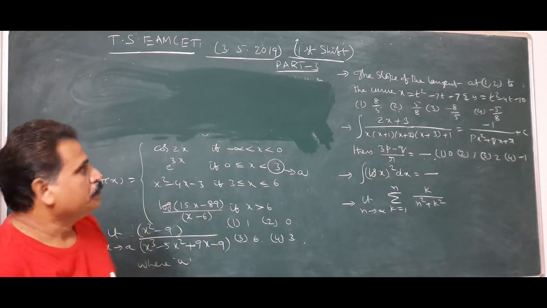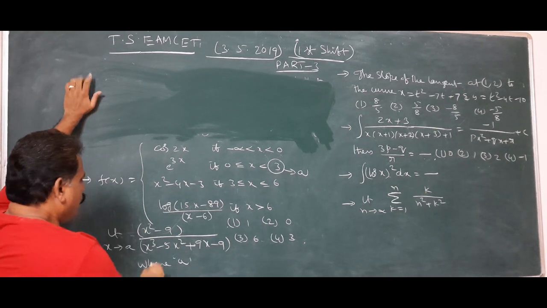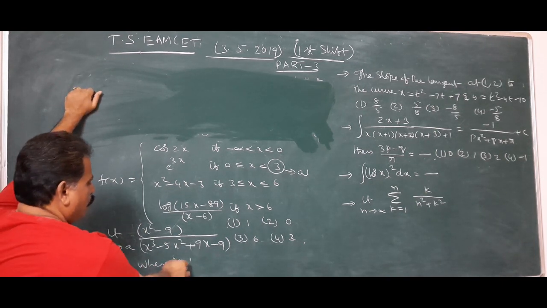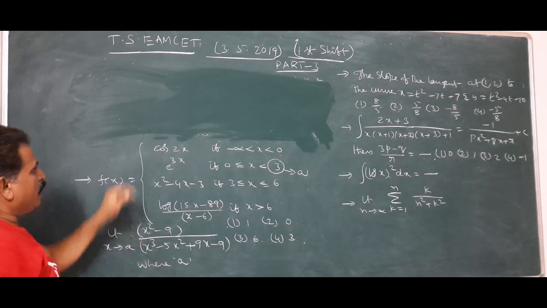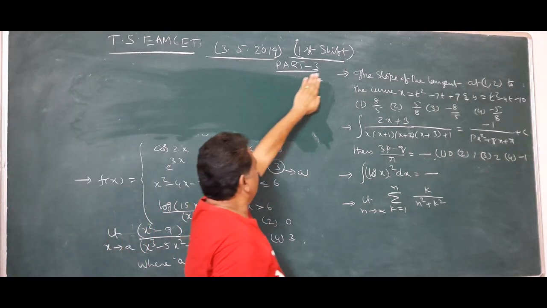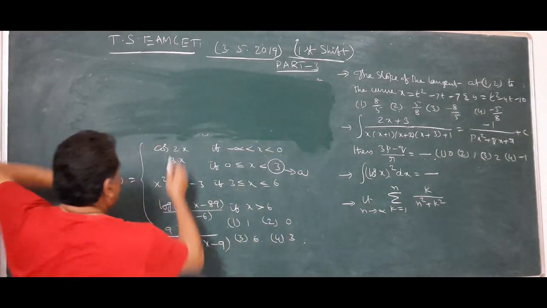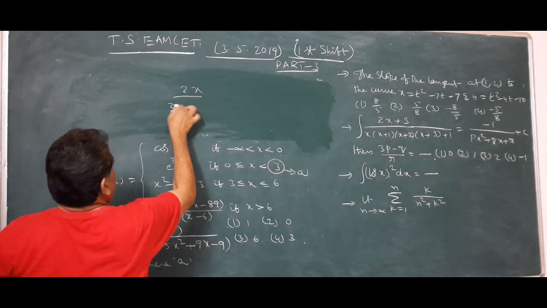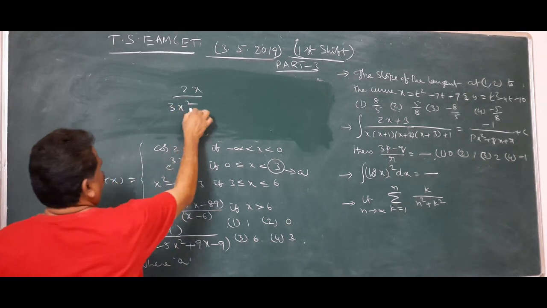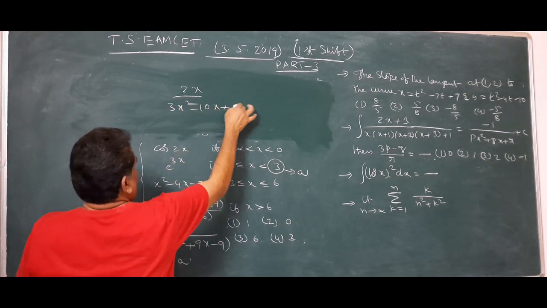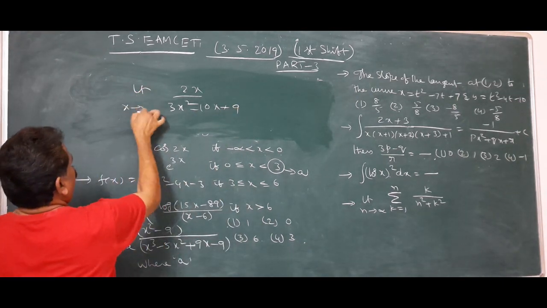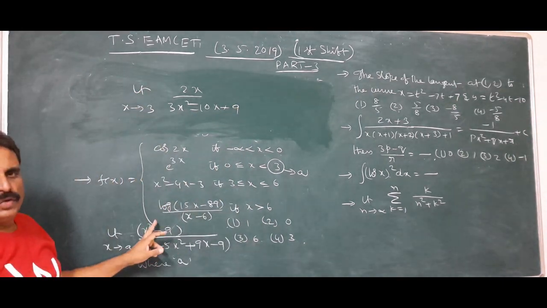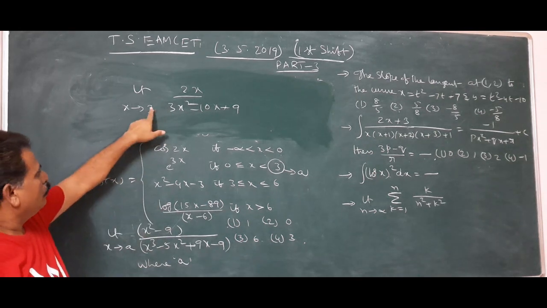Differentiate this: 2x by 3x² minus 10x plus 9, where the limit tends to 3. Substitute x equal to 3.